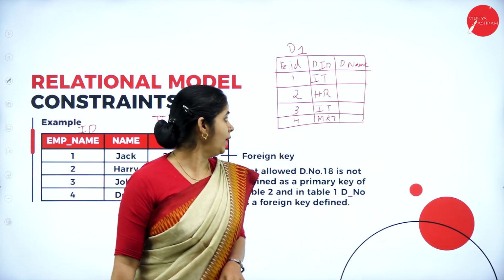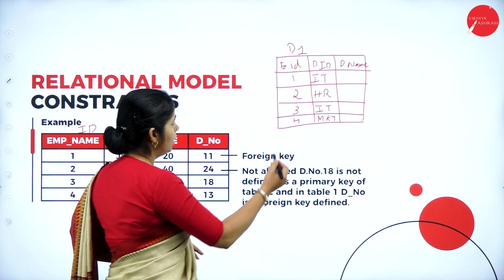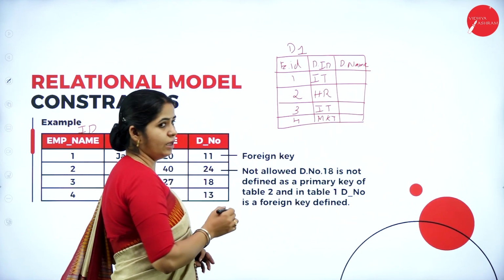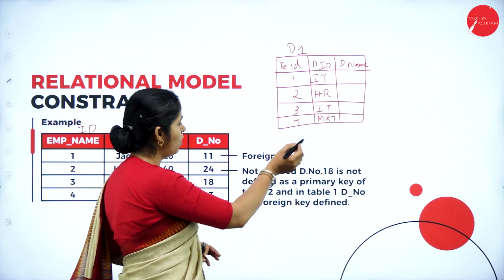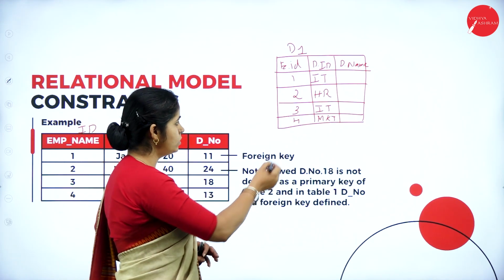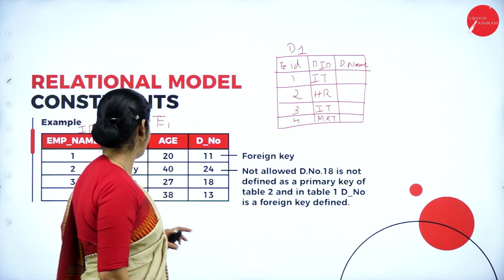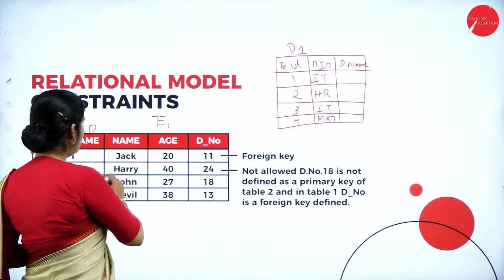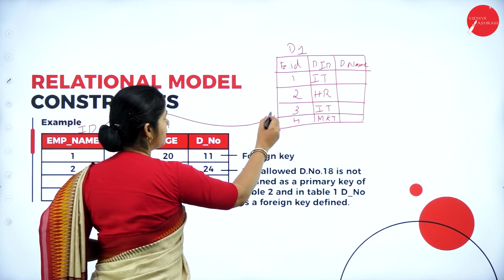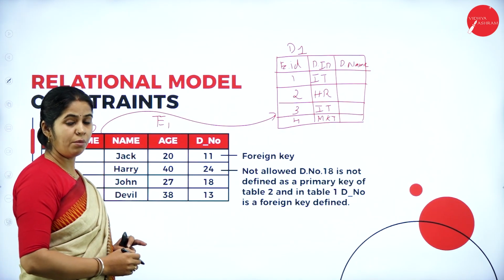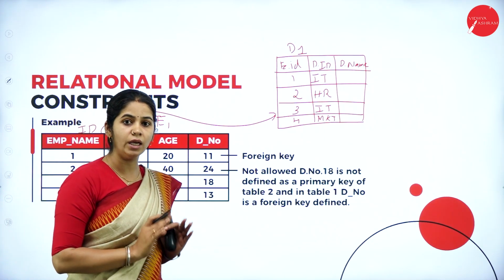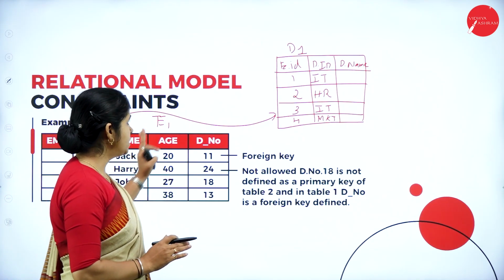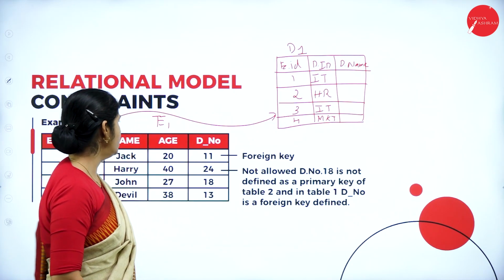Now let's give the names as information technology, human resource and marketing. Fine. Whatever employee IDs are there should be present in the department table to provide the connection between the employee table and the department table.